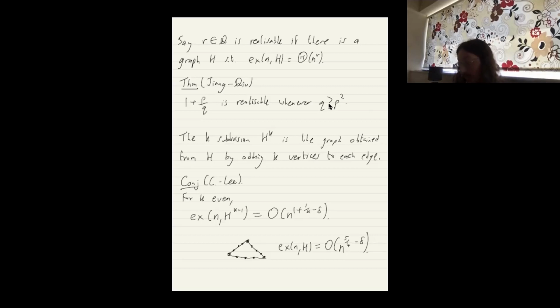The way to think about this is if instead we had 2 parallel edges, so we had 2 vertices and just 2 edges between them, and we subdivided each of them 3 times. So we put 3 vertices on each of these, then in that case, we actually end up with a cycle of length 8. And in that case, it's conjectured, whether it's true or not, I don't know, that you should get n to the 5/4.